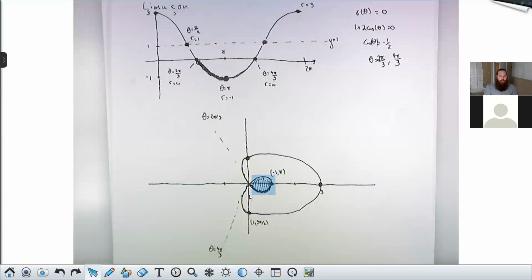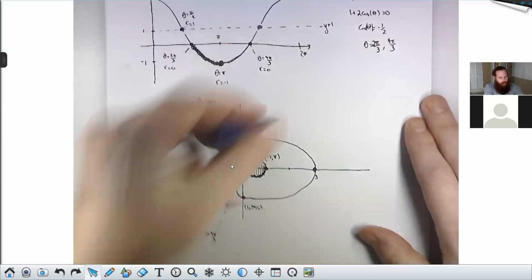And this inner loop here, even though it's in quadrants 4 and 1, which we normally associate with theta values like 0 to pi over 2 or 3 pi over 2 to 2 pi, came from this part where r was negative. So really, it's coming from what would normally be over here, the theta values between 2 pi over 3 and 4 pi over 3.